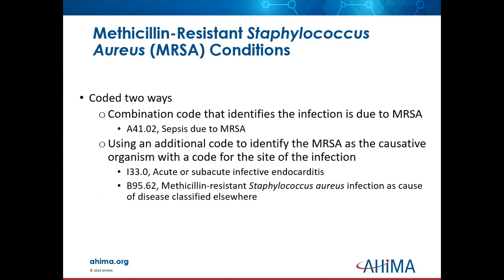And then we would use an additional code to identify the MRSA as the causative organism with a code for the site of infection. So we would have I33.0 acute or subacute infective endocarditis, and then the B95.62 methicillin-resistant Staphylococcus aureus infection as a cause of a disease classified elsewhere.